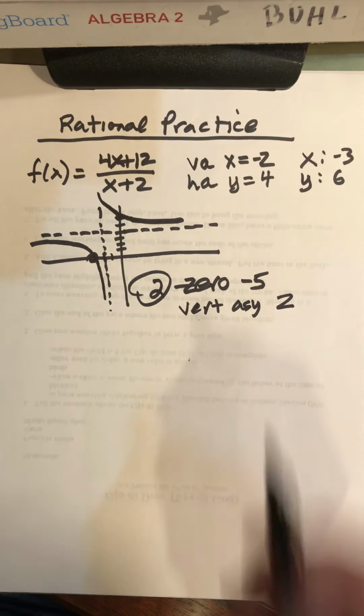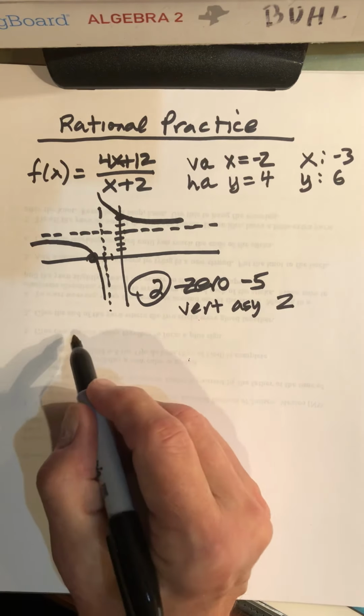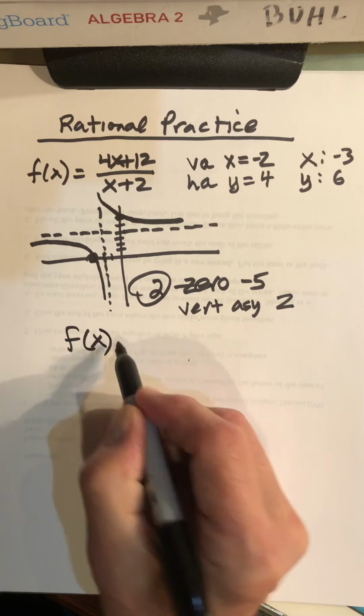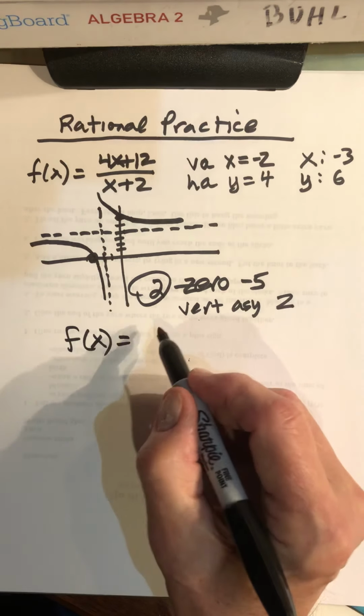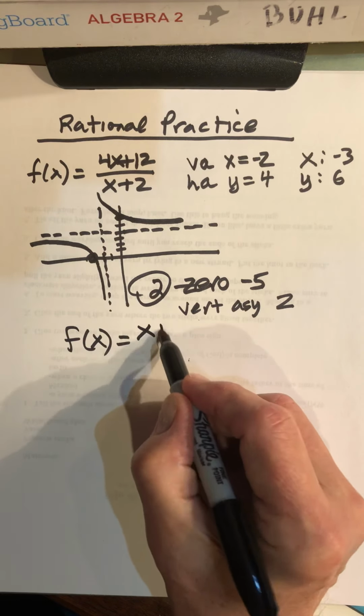Okay, well, if a 0 is -5, that means that the numerator has to be made 0 with a -5. So that's going to be f of x equals x plus 5, right? Let's check it out.